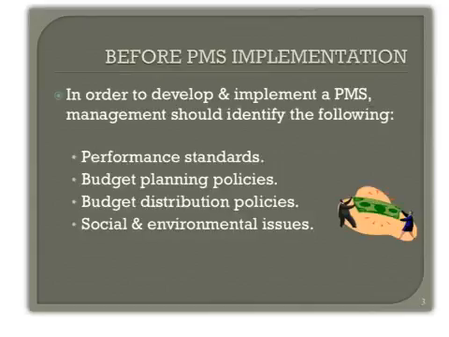Same thing for budget planning policies as well as budget distribution policies. How can I come up with a standard or a practice that can guide me through the budgeting, planning, and distribution? If I have a certain dollar amount every year, how can I spend it wisely and keep the health of the system the same?